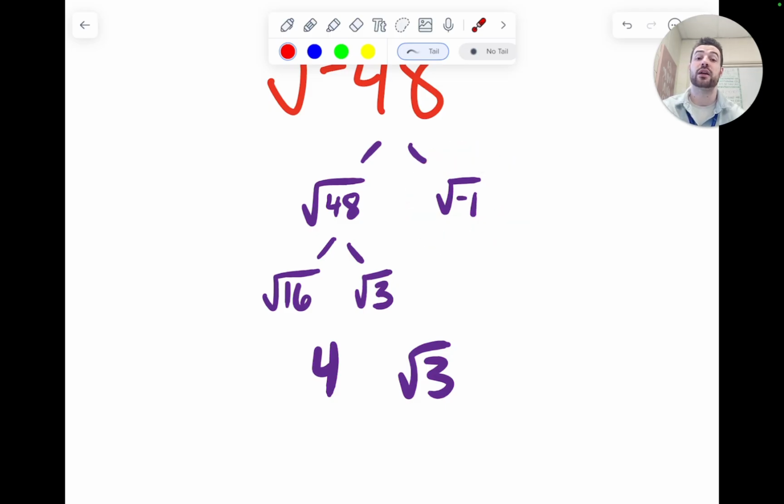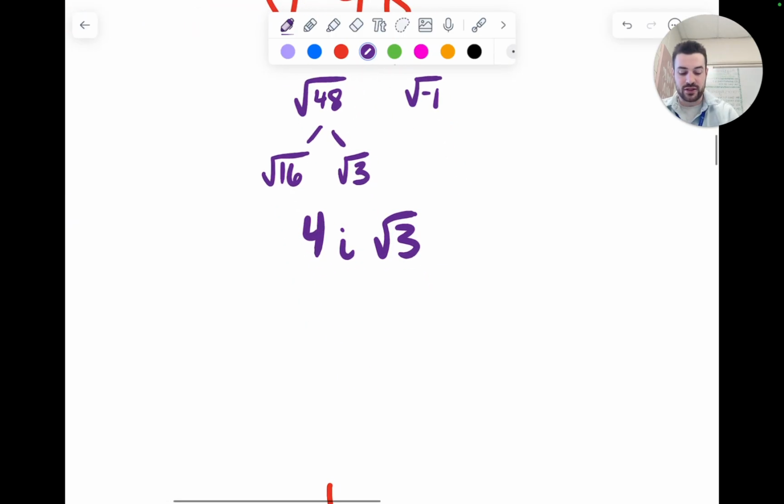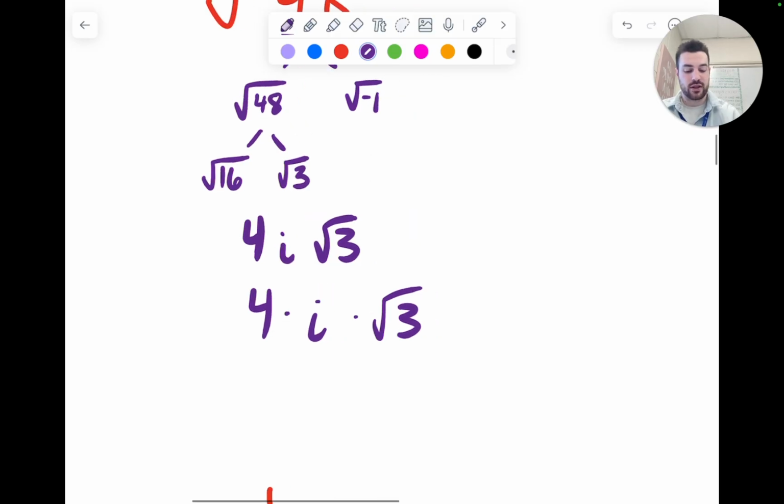Since the square root of negative 1 is i, the i is going to go outside of the radical, immediately after our whole number but before the root 3. So the square root of negative 48 simplifies to 4i root 3. Essentially, this just means 4 times i times root 3. It is not much different than when we have 4 times root 3.